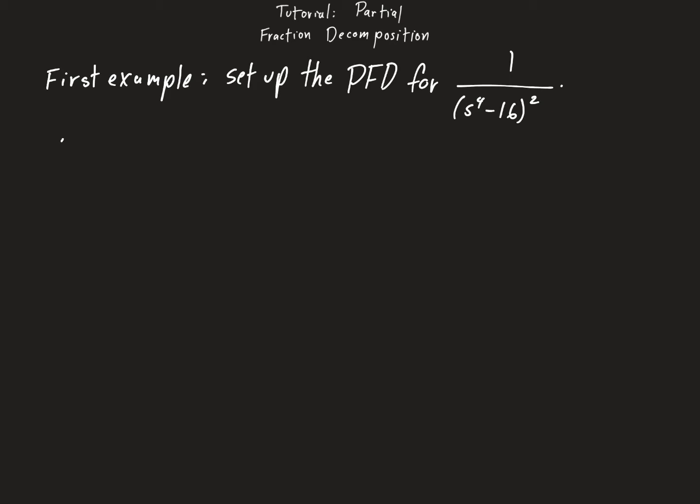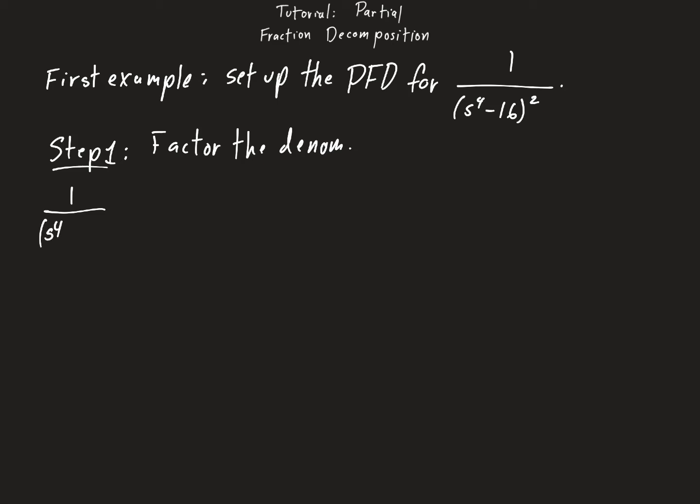So the first step, as always, in any partial fraction decomposition problem, is to factor the denominator. You'll note that s to the fourth is a square, and 16 is also a perfect square. So this is an a squared minus b squared factorization that we have here.